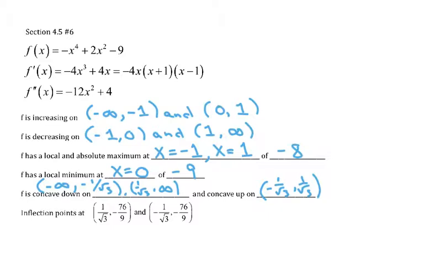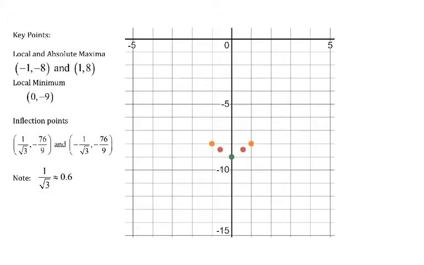Okay, now we are just going to graph this thing. It's kind of hard to graph this one. Useful to know that 1 over the square root of 3 is approximately 0.6, so a little bit more than half. And then the negative would be a little bit more than negative 1/2. So those are these points here.